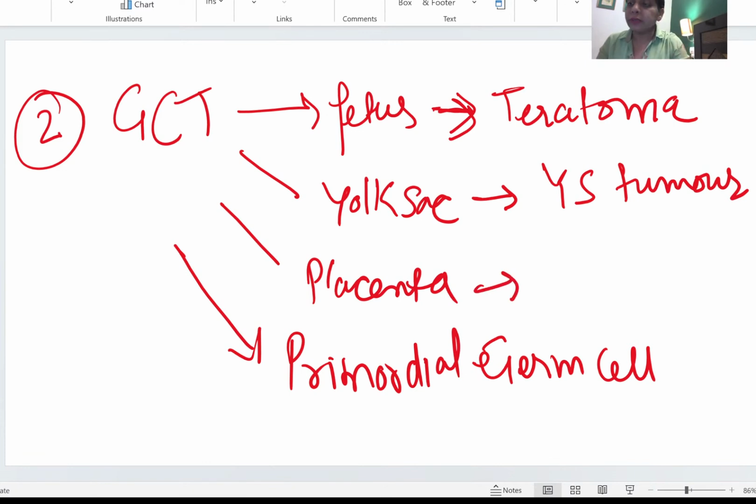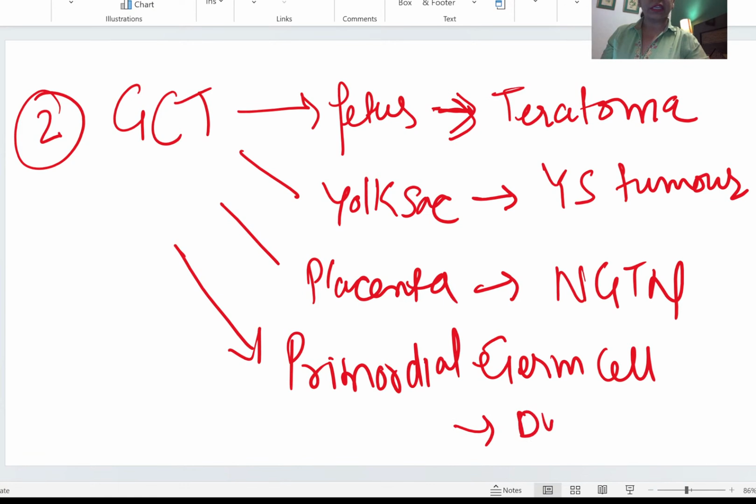If the part of the germ cell which forms the placenta gets tumorous, then it forms non-gestational trophoblastic neoplasia or choriocarcinoma. If the primordial germ cell, from where the germ cell comes, gets tumorous, then it forms dysgerminoma, and it is equal to seminoma of the testes.